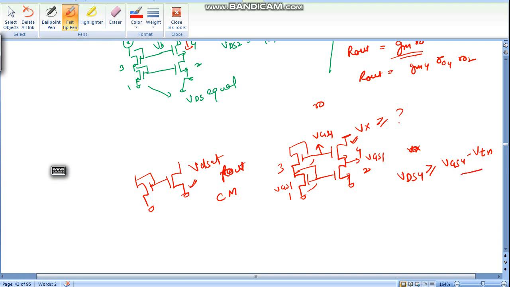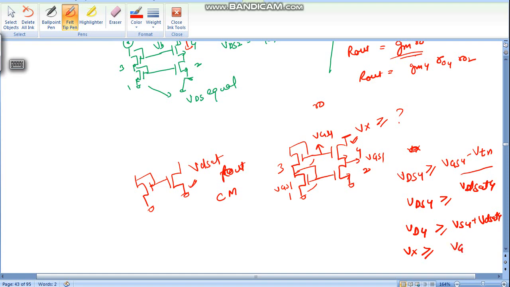This is basically VDsat4, the saturation voltage for M4. And VD4 is greater than or equal to VS4 plus VDsat4, so Vx is greater than or equal to, now VS4 is VGS1 plus VDsat4.